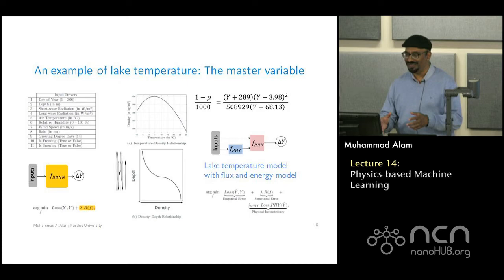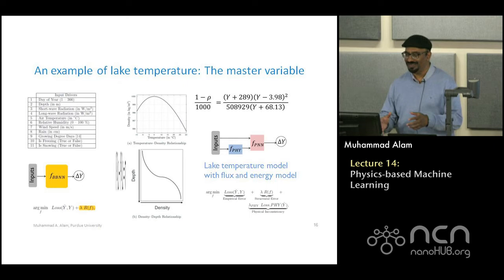Think about how many input variables you really have to account for. You have to account for the day, because it depends on the season, and the irradiance from the sun, and the depth, how deep you are, and what type of absorption is going on: what fraction of short wavelength, what fraction of long wavelength, relative humidity, how much rain, and so on and so forth.